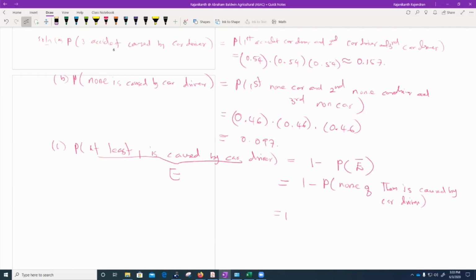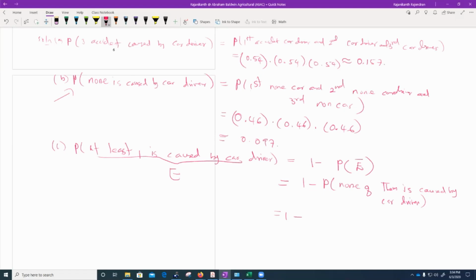But that answer we already have from the previous part, right? None of them is caused by a car driver. It is the answer we got in part B here. So you don't need to do the problem again, you already know the probability that none of them is caused by a car driver.